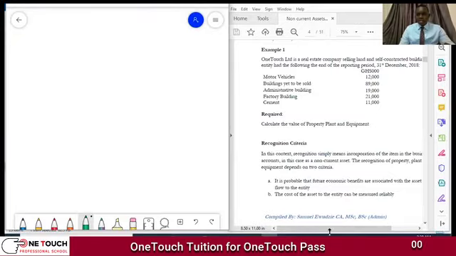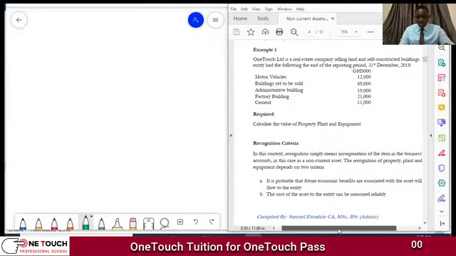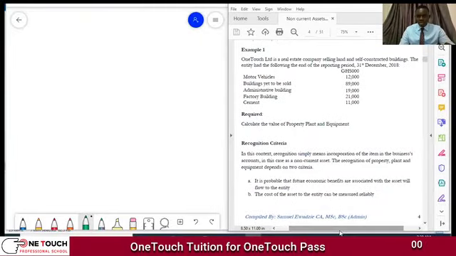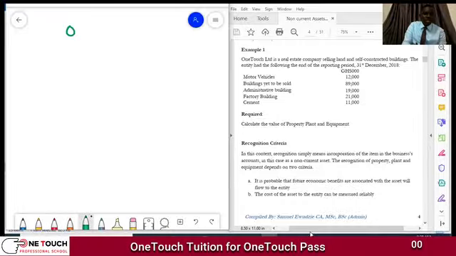All right. So we are to determine the value of property, plant, and equipment for One Touch Limited.